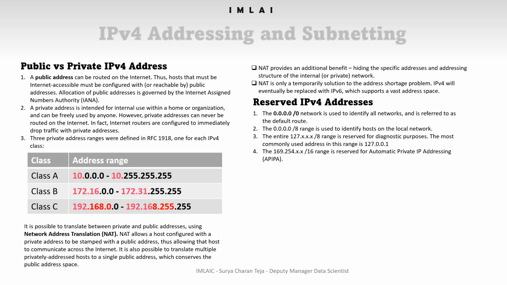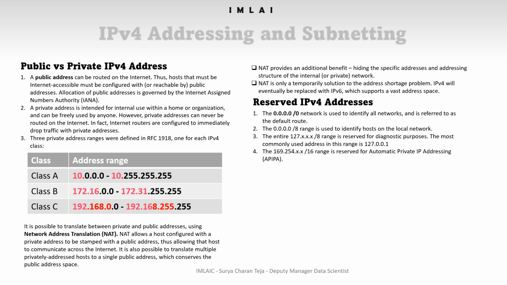And the fifth one is the 224.x.x.x to 239.x.x.x ranges, which are reserved for multicast and are referred to as class D addresses. We have seen in classes that class D addresses are multicast.